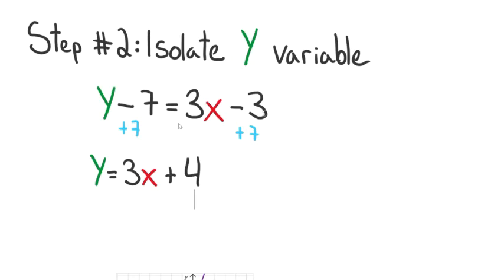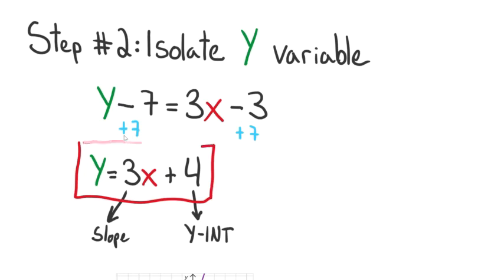Interesting. We appear to now have the slope-intercept form of 3, our slope, and 4, our y-intercept. We can visually see if this is the correct process by graphing it now on a graphing calculator, as we have a slope-intercept form already created. We have an input, x, and an output, y.